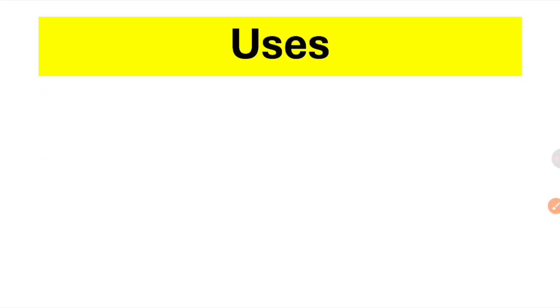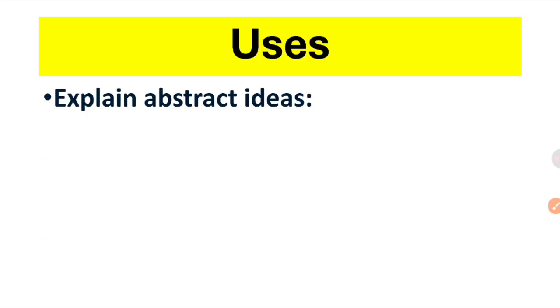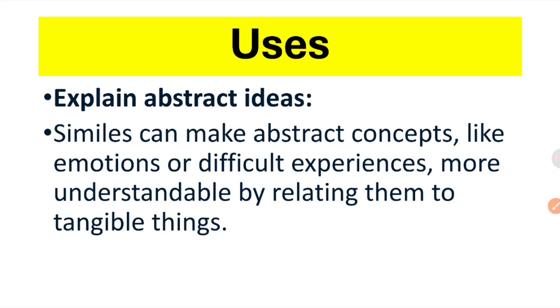And other uses, it explains abstract ideas. Abstract, which is not tangible. You can't touch something, but you can imagine. How will you imagine? When you see the comparison between two different things. So similes can make abstract concepts like emotions or difficult experiences more understandable by relating them to tangible things.